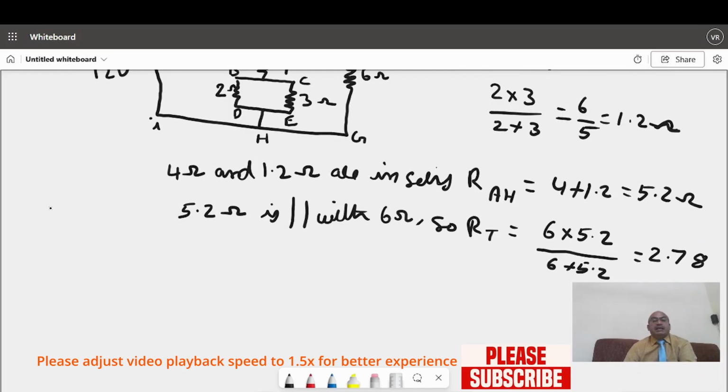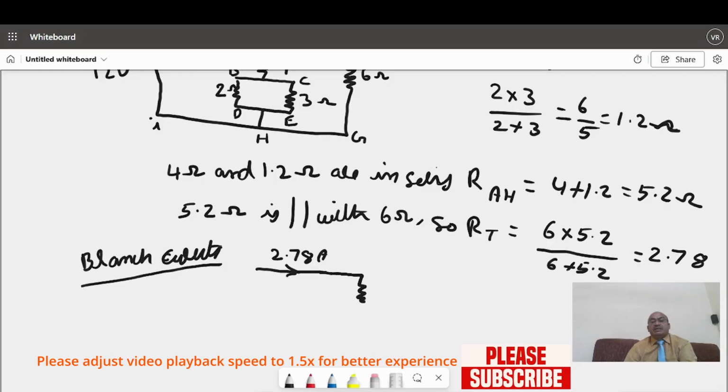Now branch currents, how to calculate branch currents. So this 2.78 amperes is divided into two resistances. This is 6 ohm, this is 5.2 ohm. The combination is 5.2 ohm. So, say, I1, I2.